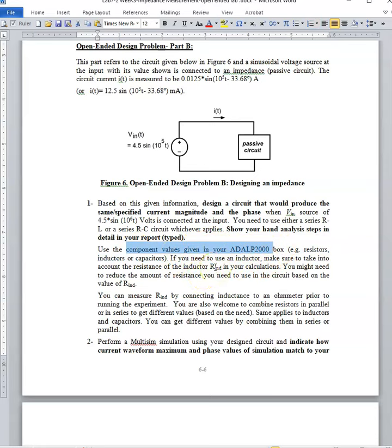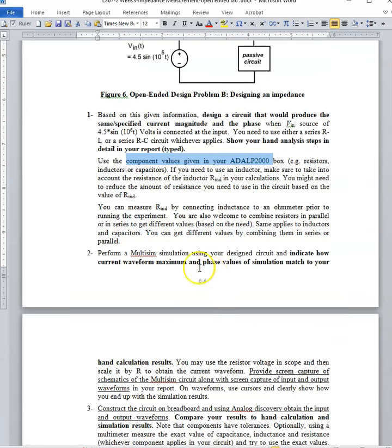You also want to measure the resistance of the inductor you're using, just to have correct calculation. And then you are going to do a Multisim simulation.